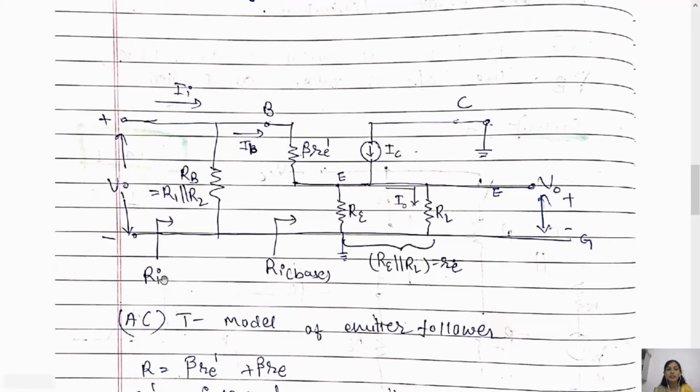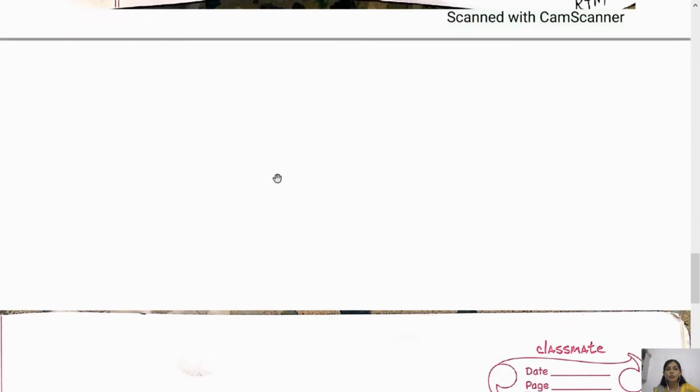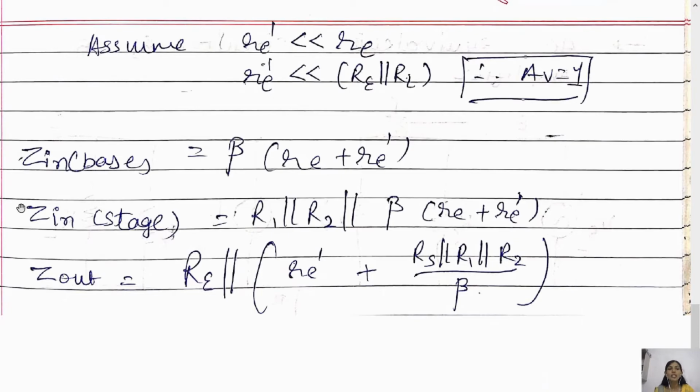But while you are understanding the definition of the input stage resistance, then you will have to take into consideration R1 parallel R2 and also RE and RE dash. So we can understand the two basic formulas, Z in base and Z in stage.